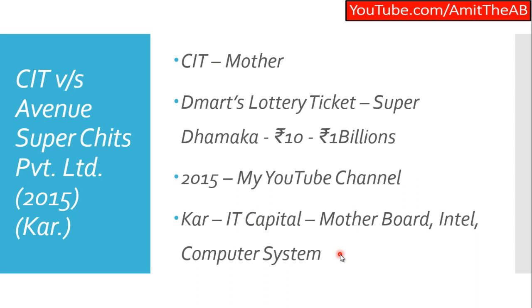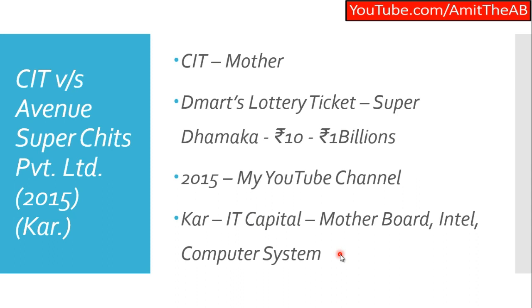I can think about my mother using a supercomputer, and the supercomputer popped out that she should go and buy a lottery ticket of DMart with the number 2015, because that is the ticket that's going to win the lottery. That is how I can visualize that.